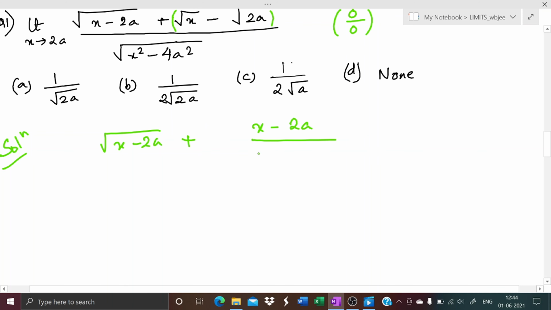Over here also I'm multiplying and dividing. So first of all, if I separate this thing like this, I will rationalize now.